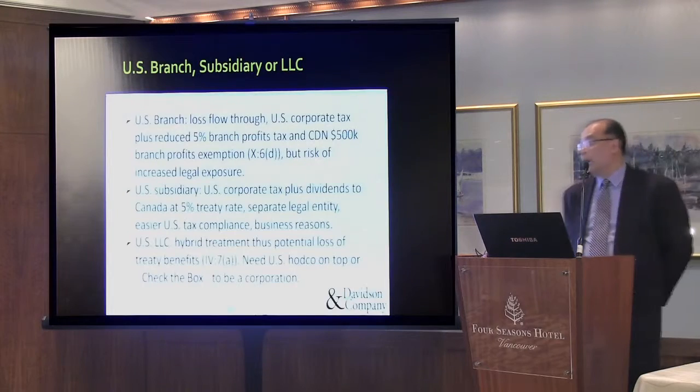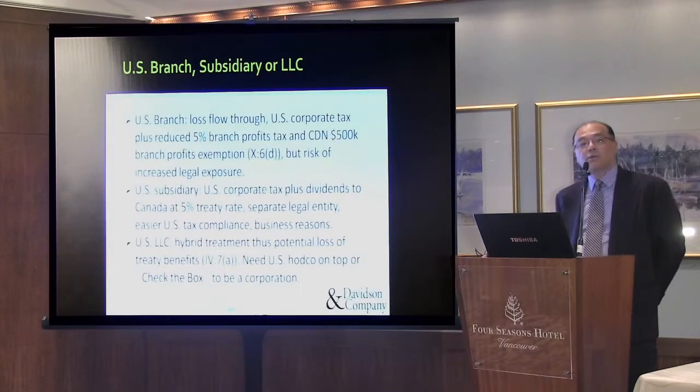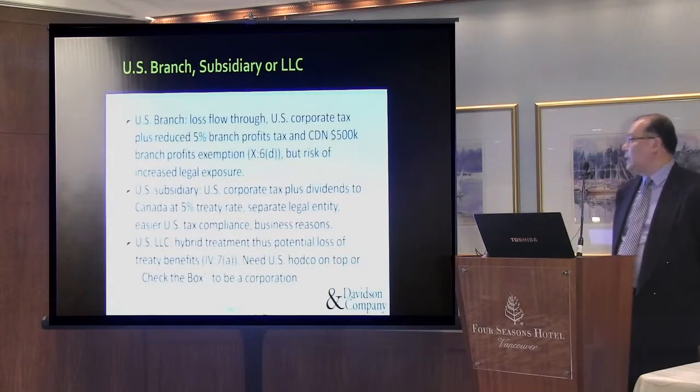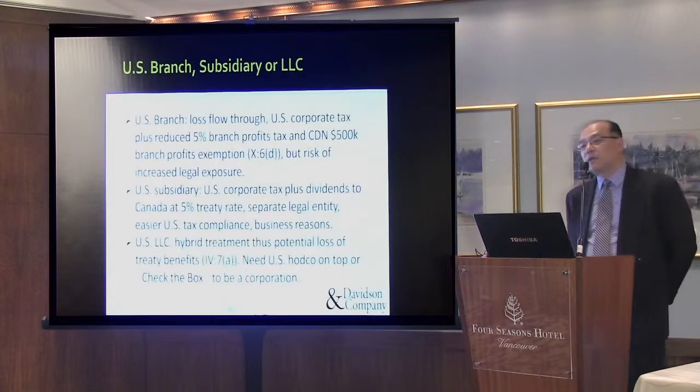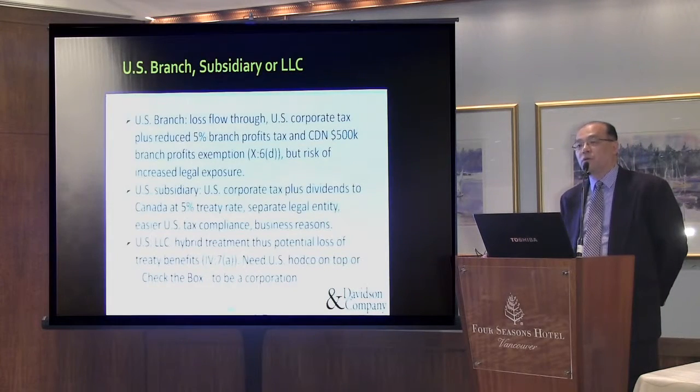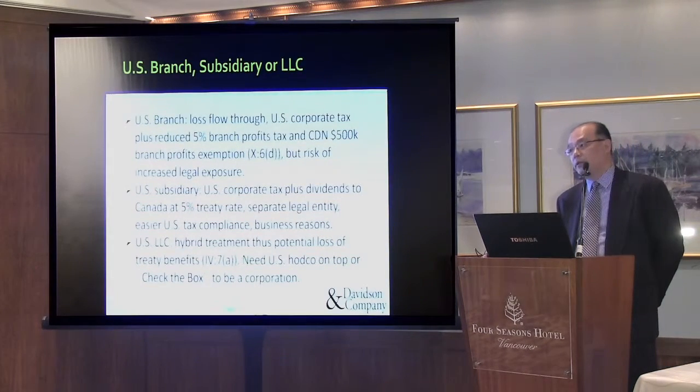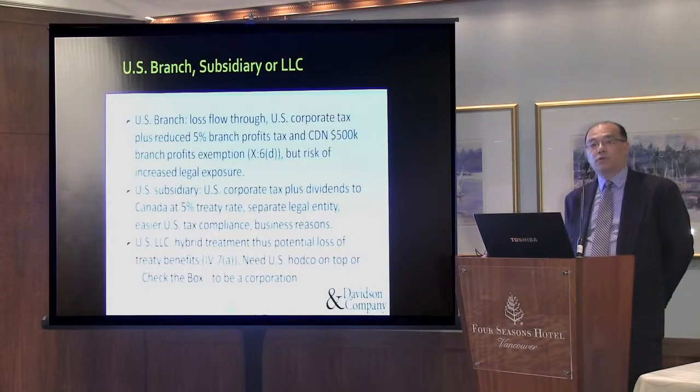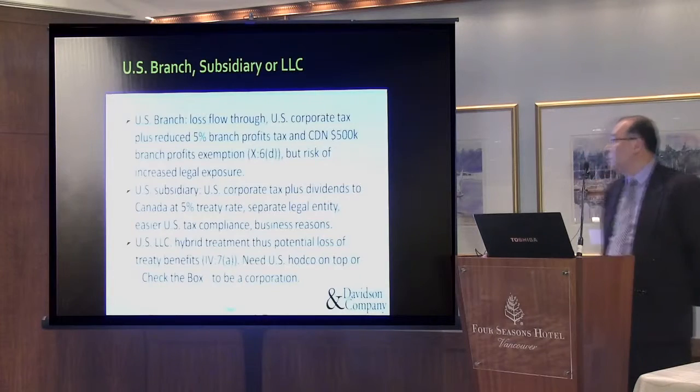The U.S. compliance is easier because it's always harder to do a branch return than a regular corporate tax return. And also, last but not least, a lot of the U.S. business, they actually prefer to deal with a U.S. entity versus a Canadian entity. So it's not just for tax reasons, it's also for your day-to-day business activity.